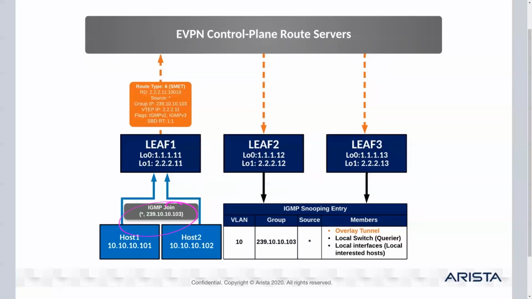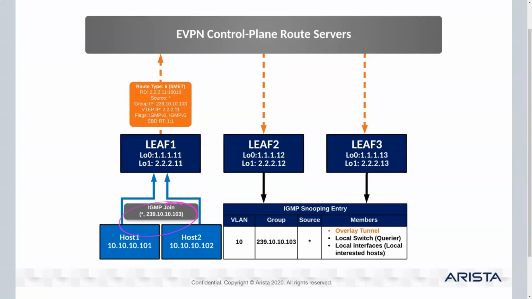So this route signals to all remote VTEPs servicing VRFA that, hey everyone, there are receivers in VRFA attached to me that are interested in receiving the star comma 239.10.10.103 feed.